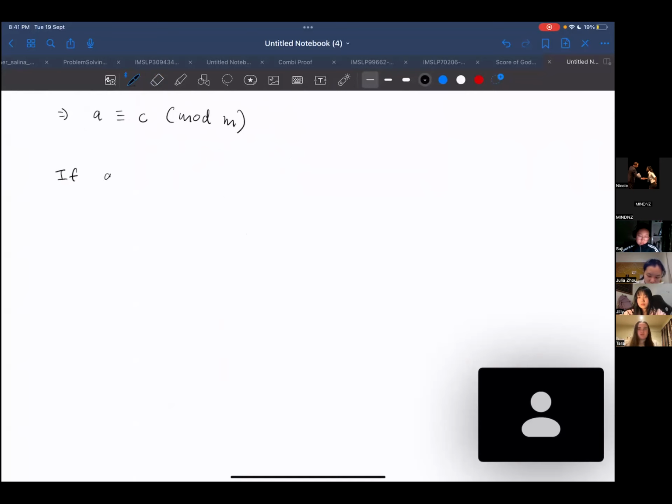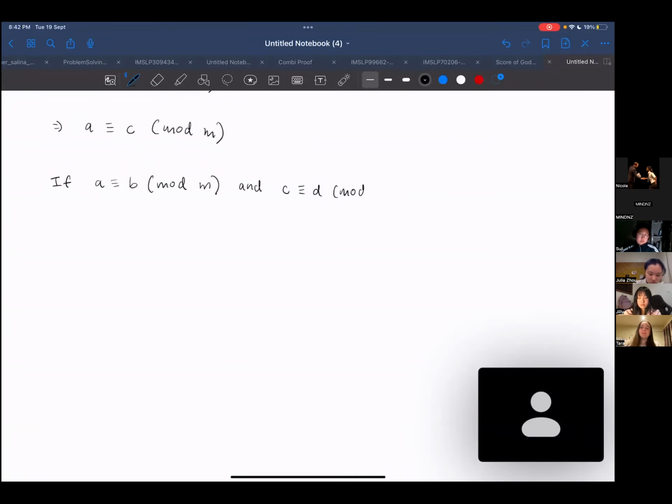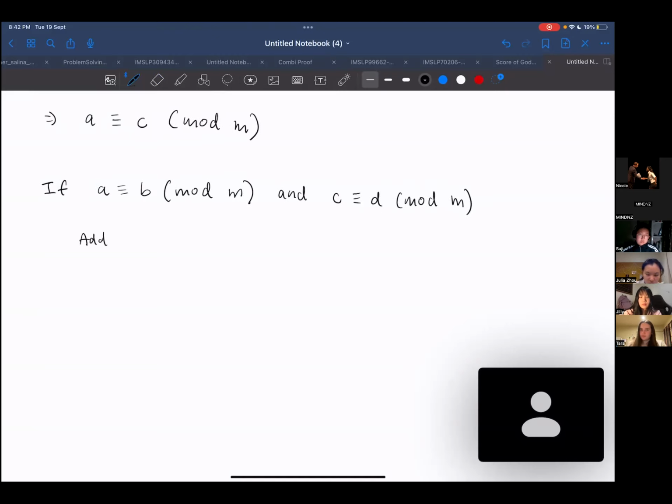If A is congruent to B mod M, so if A and B have the same remainder when divided by M, and C is congruent to D mod M, so C and D also have the same remainder mod M, then you get this principle of addition, which is that A plus C is going to be congruent to B plus D mod M. Okay, so this is just an identity.